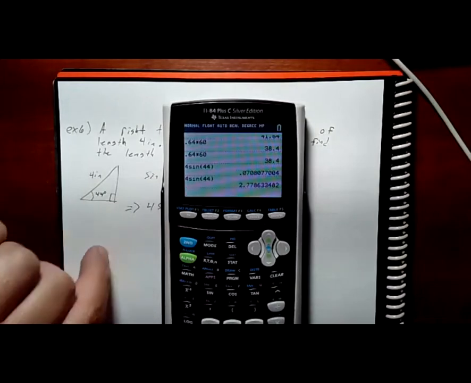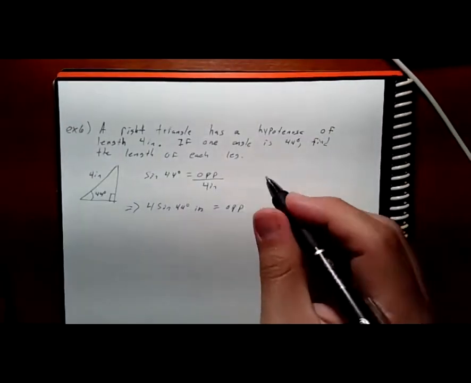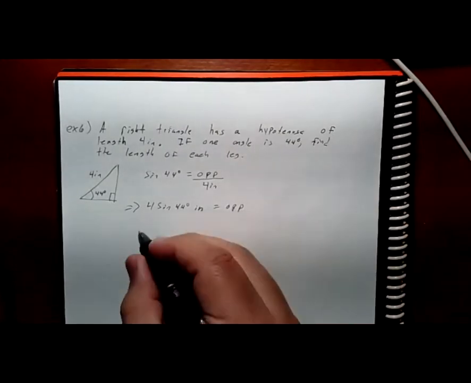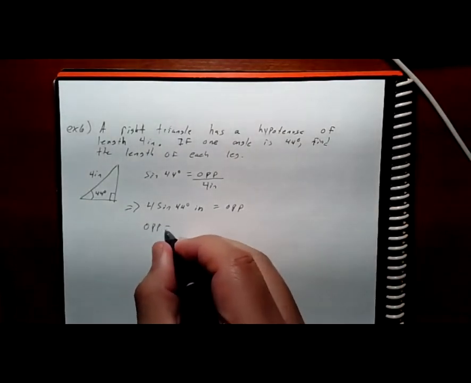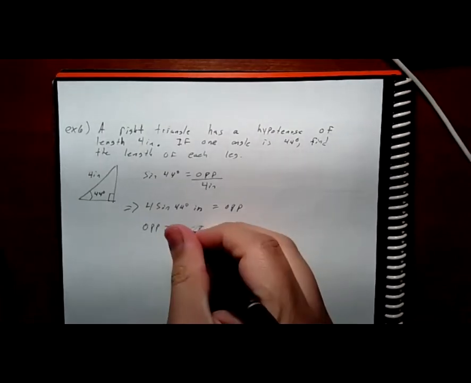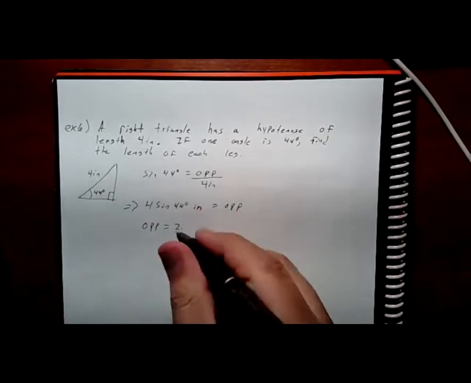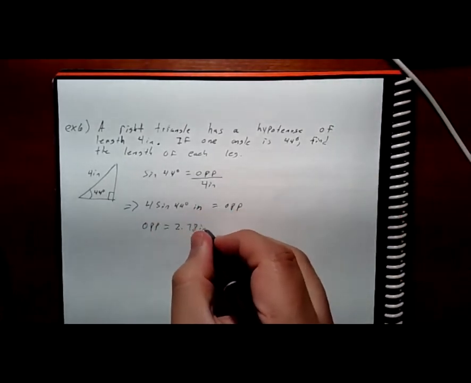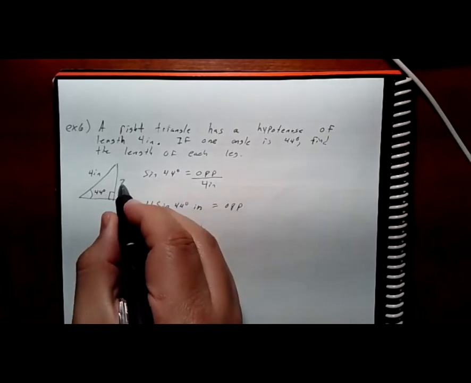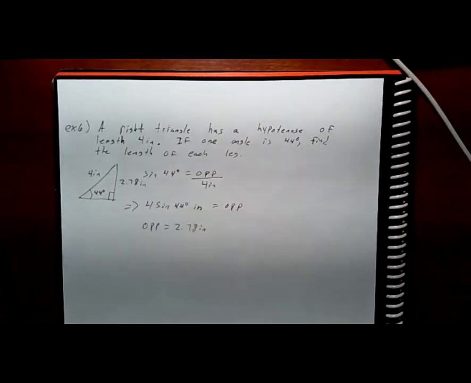You should get 2.77. So let's round to 2 decimal places. The opposite side is 2.78 inches. So now I have 2 sides.